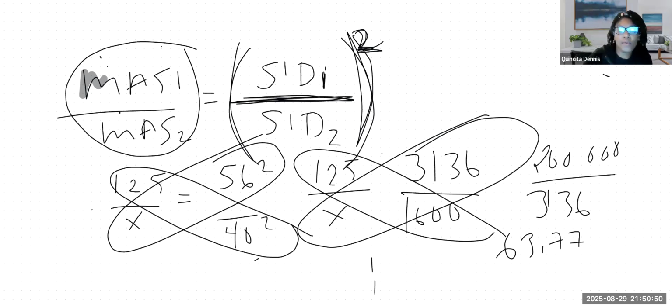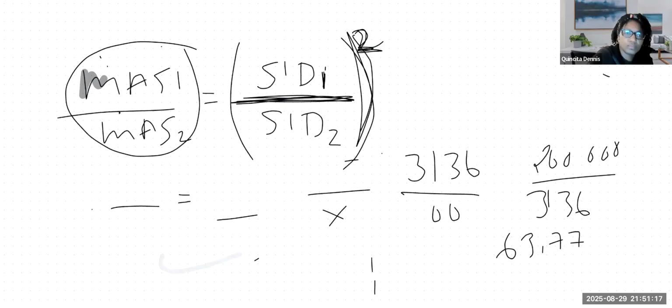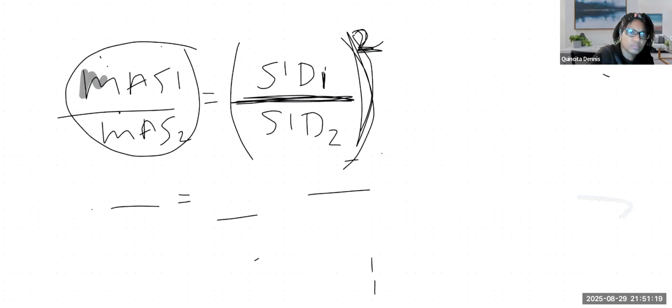All right, so let's say I'll just make one up. Let's say our old mass is 100. And our old SID is 40.